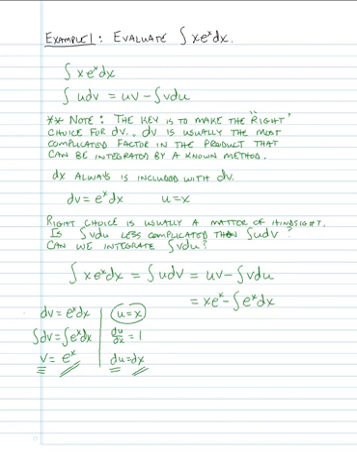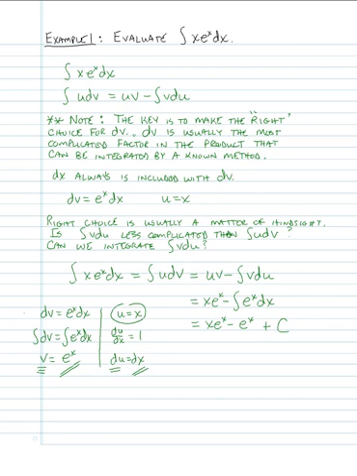And this is what I meant a moment ago. This is usually a matter of hindsight. Did this help us? Did our choice of dv and our choice of u give us an integral of v du that we could actually integrate? And here we can, can't we? The integral of e to the x dx is just e to the x. So now we can write this as x e to the x minus the integral of e to the x with respect to x, which is just e to the x, plus, of course, finally, our constant of integration.